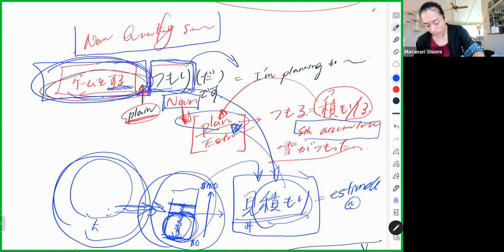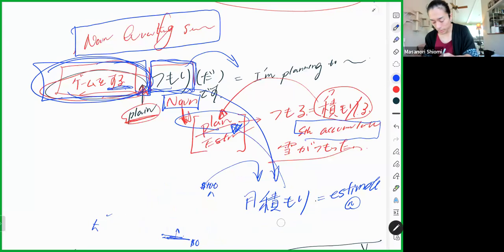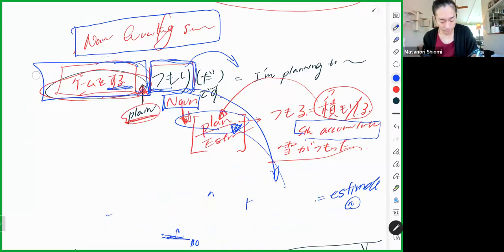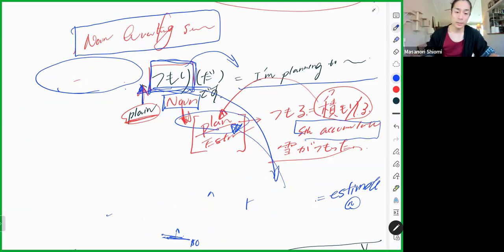Why? The noun qualifying sentence that we learned last chapter, right? So that would make sense. But again, if that was too confusing, you can simply memorize that whatever you want to do, just make sure the ending is plain, and then add つもり, and that'll be I'm planning to.